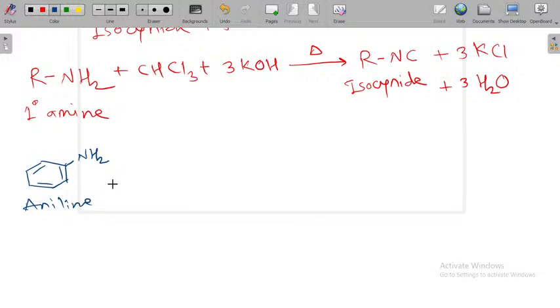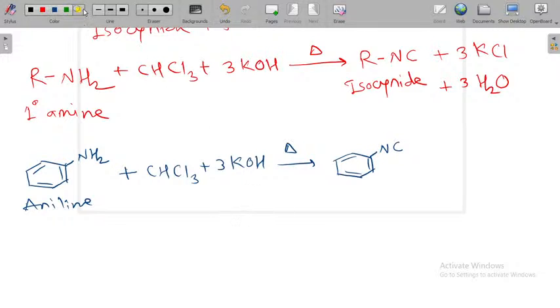This on reaction with CHCl3 and KOH on heating, what will be the product? That is benzene isocyanide, where the benzene ring is attached to the isocyanide group NC.